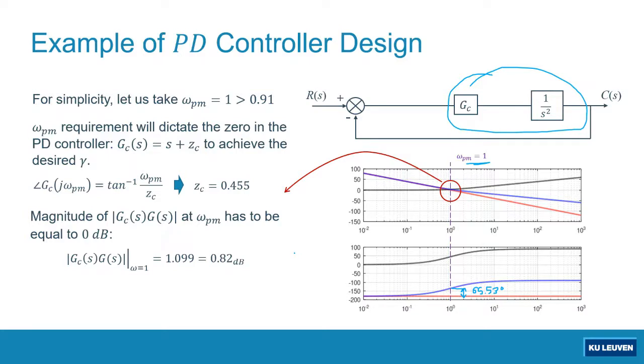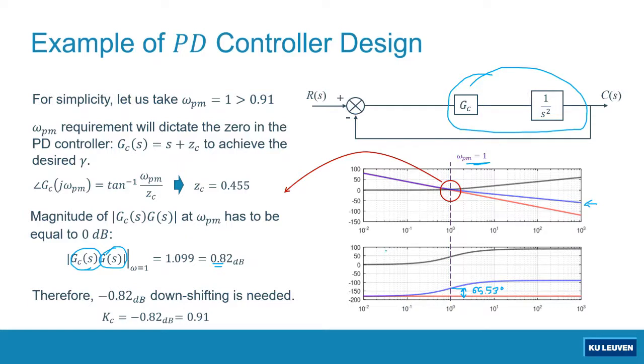and apparently the magnitude of the current open loop transfer function, the double integrator in series with the dynamics of the PD controller, is equal to 0.82 dB. That means we have to shift down the magnitude plot here by negative 0.82 dB.